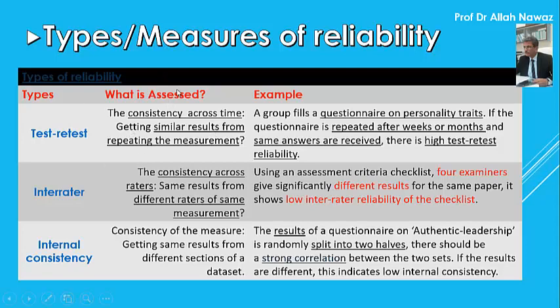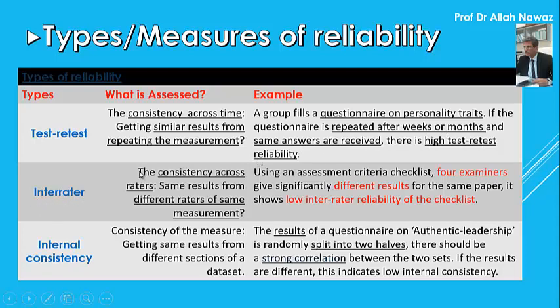The consistency across time, getting similar results from repeating the measurement. For example, a group fills a questionnaire on personality traits. If the questionnaire is repeated after weeks or months and the same answers are received, there is high test-retest reliability.